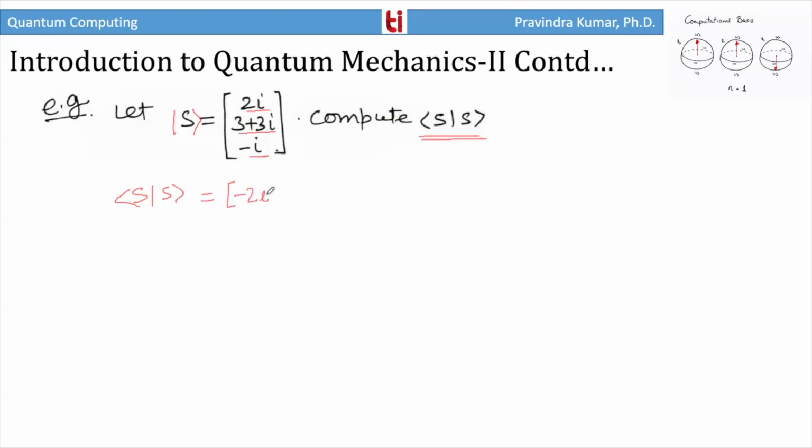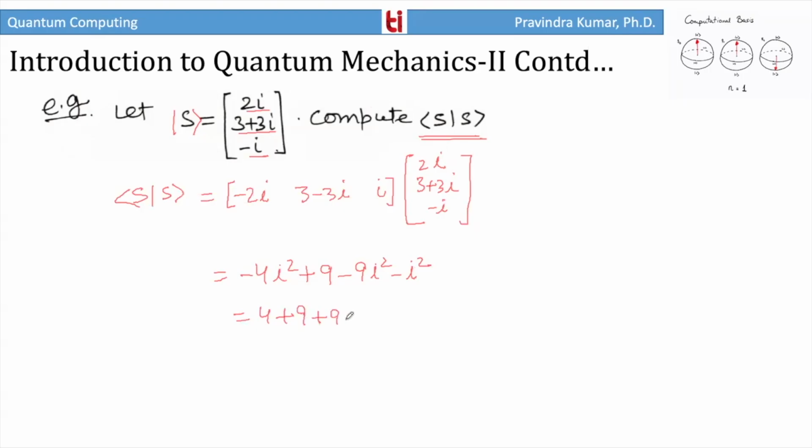It is the row vector minus 2i, 3 minus 3i and i, and x is the column vector 2i, 3 plus 3i and minus i. So it will be minus 4i squared plus 9 minus 9i squared minus i squared. So it will be 4 plus 9 plus 9 plus 1, and it is 23. Here you have seen the inner product gives you a scalar quantity. This is the probability amplitude.